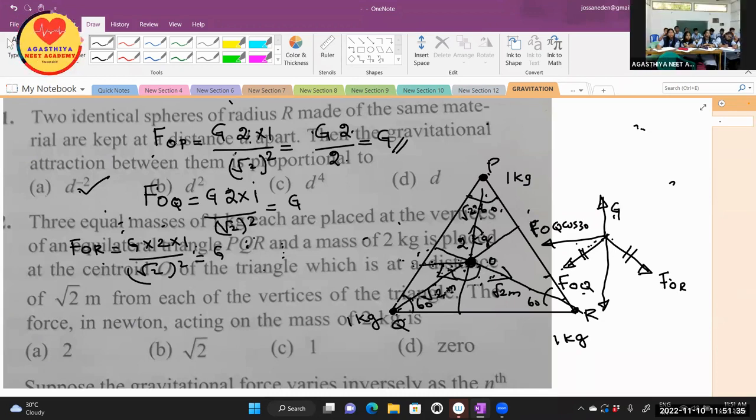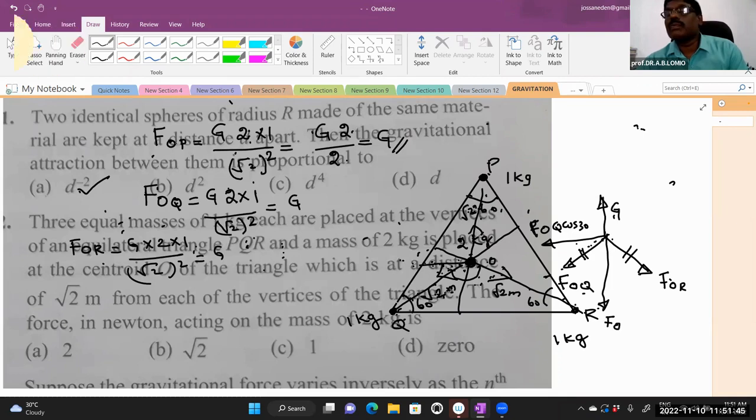Is 60 degrees above 30 degrees? For the opposite side, sine; for the adjacent side, cos. FOQ cos 30. Here, FOQ sin 30. I am resolving the force FOQ into horizontal component and vertical component.